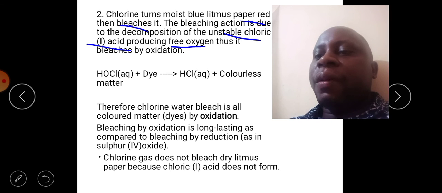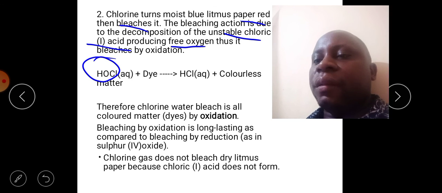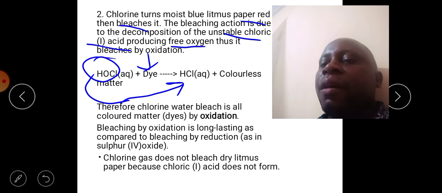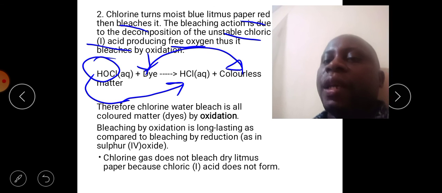When it decomposes, the oxygen present in it will combine with this dye or the colored material. So chloric 1 acid will form hydrochloric acid, while the dye will form the colorless material. The dye here will be oxidized by this oxygen. This will form now the colorless material.